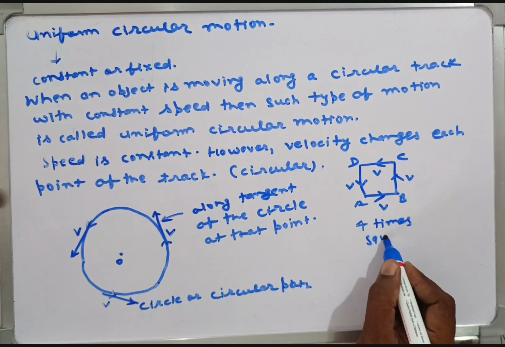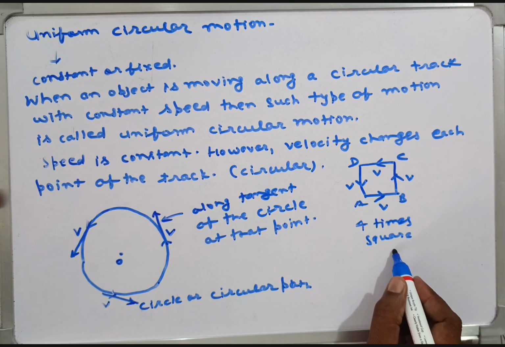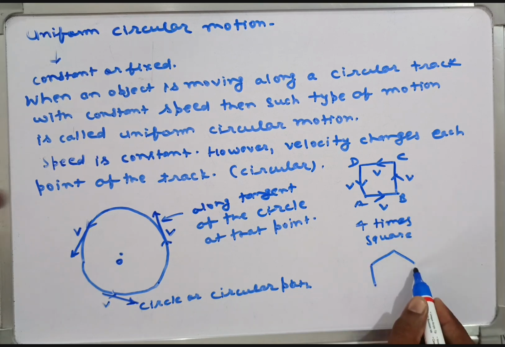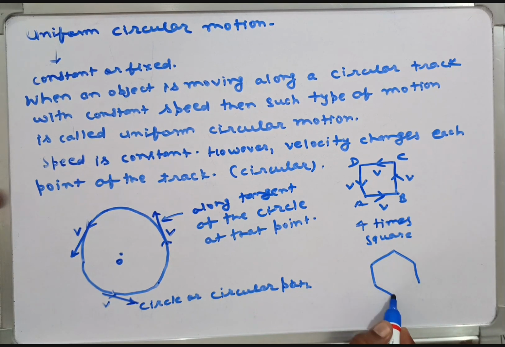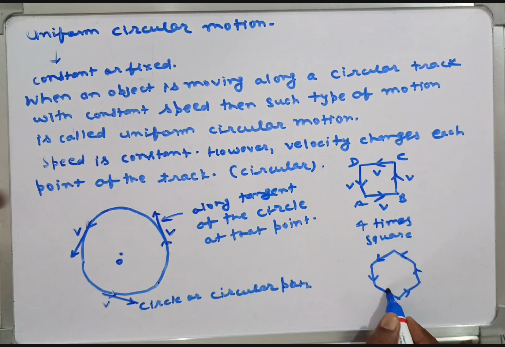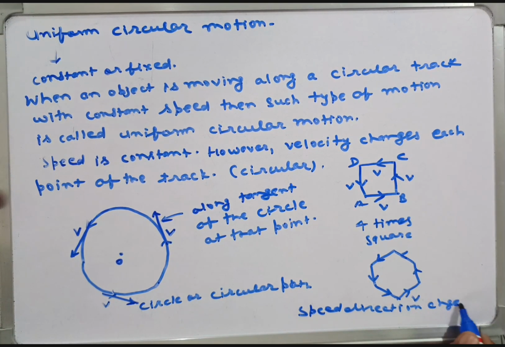Now when it becomes a hexagon, with speed v, you can notice that the direction changes 6 times.